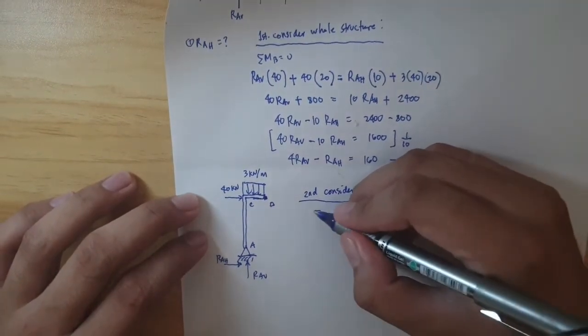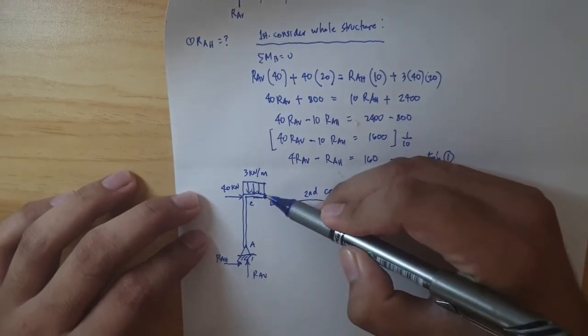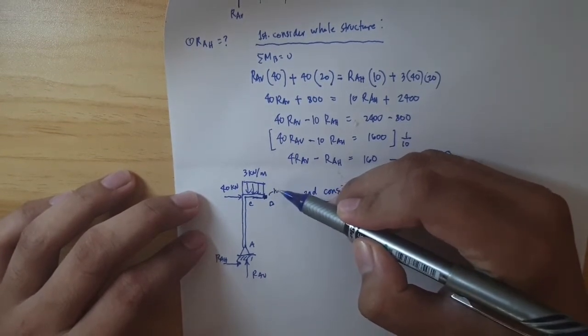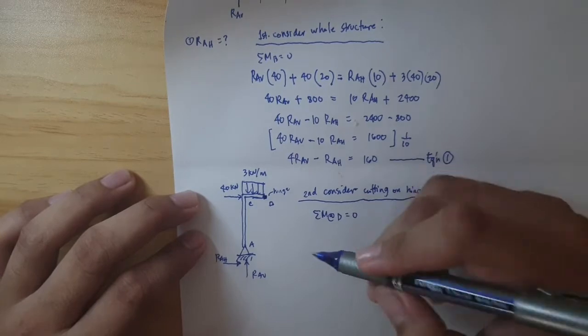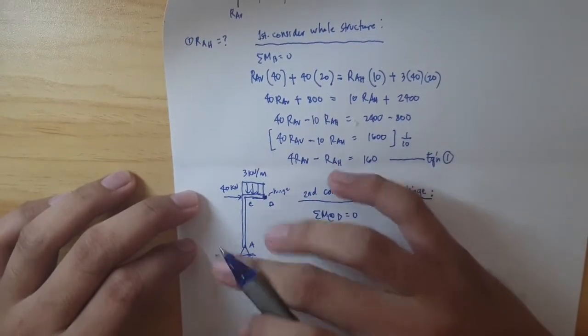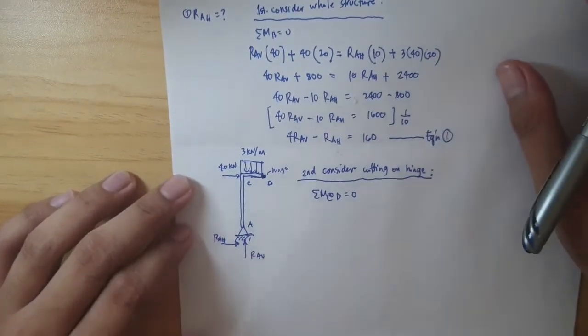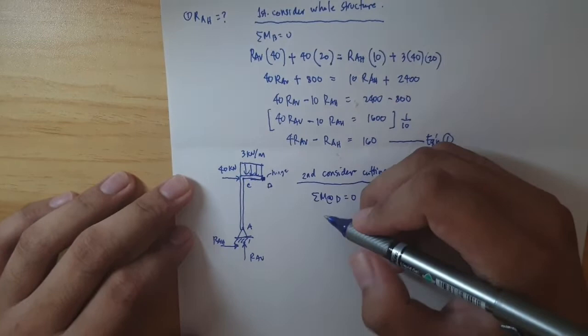So, summation moment at D equal to 0. Dili ka sa hinge mag-sum up og moment. Okay, so same gyapon, clockwise equal to counterclockwise. So unsa tong mga clockwise?